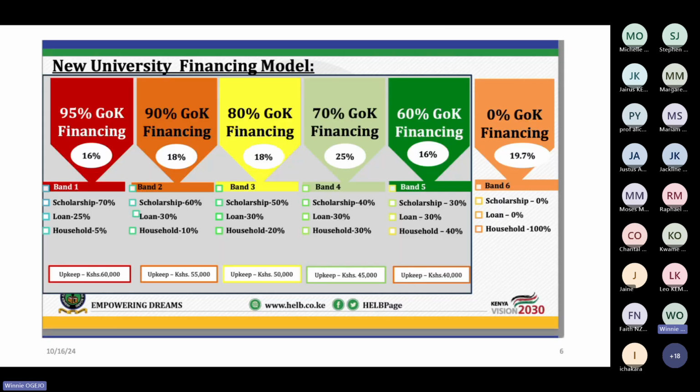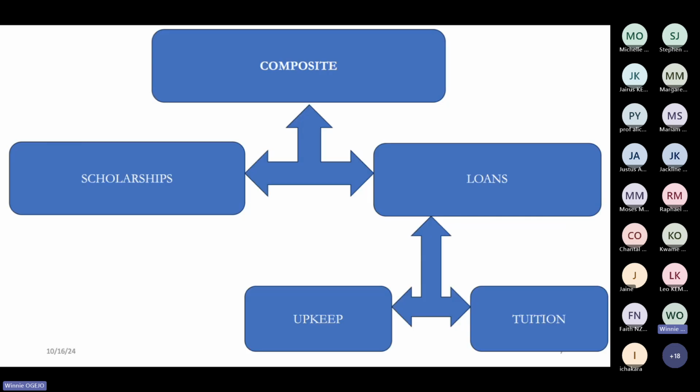And then, as you can see, we have different components of this fund. We have the scholarship, and we have the loans, and we have the upkeep. So just to unpack these components. When we're speaking about the composite, my colleagues will come in and speak to the composite component of the fund.